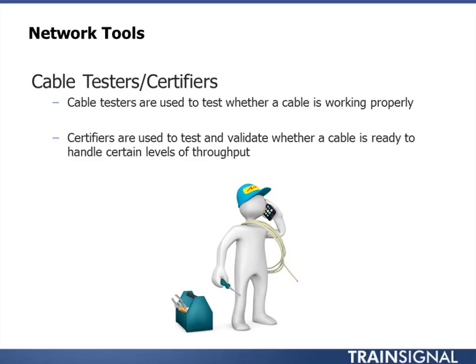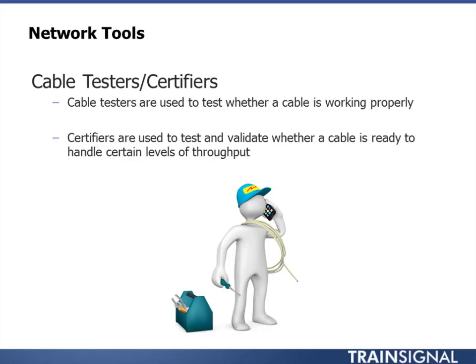Okay, so if I again take us back to the lesson where we talked about twisted pair cabling and I talked about the different wiring standards, the EIA TIA 568A and B, and you have the 8 wires and they're supposed to be all terminated into the jack, and if you want to see if data is actually transmitting appropriately across those wires, you can use a cable tester to see if it's working properly.